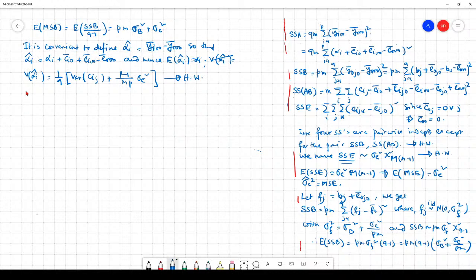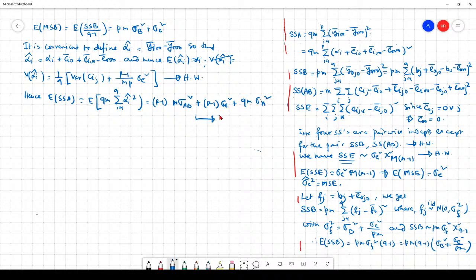Hence, expectation of SSA, which is equal to expectation of Qn sum over I from 1 to q alpha I hat square, is equal to p minus 1 in sigma b square plus p minus 1 sigma e square plus sigma a square. So this is your another homework. Please check.